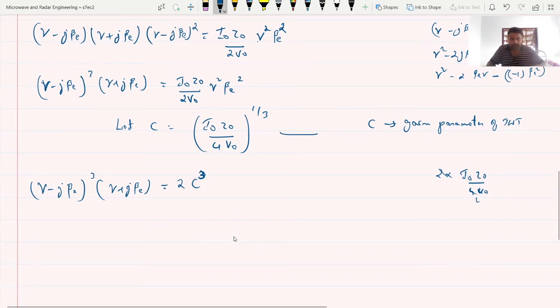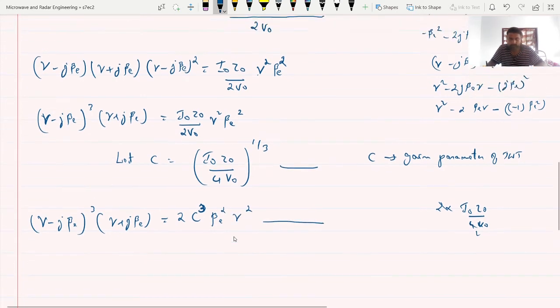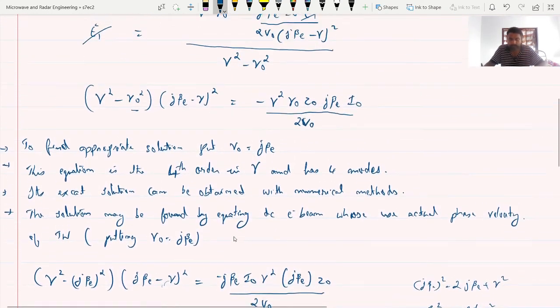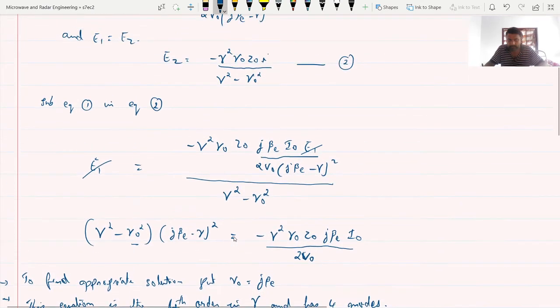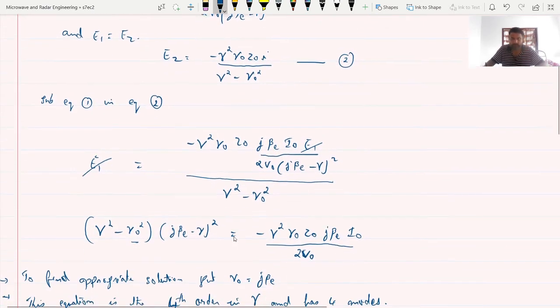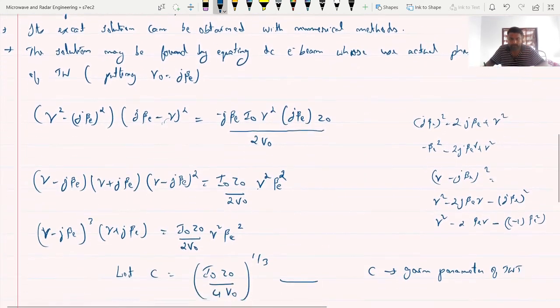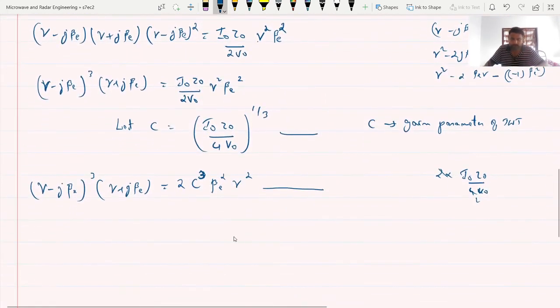So c cube beta e square gamma square. What is this equation number? Here somewhere I have put equation number, you leave with this equation, I just put this equation as 2, anyway I will put this equation as 3. Call this equation number 3, okay.